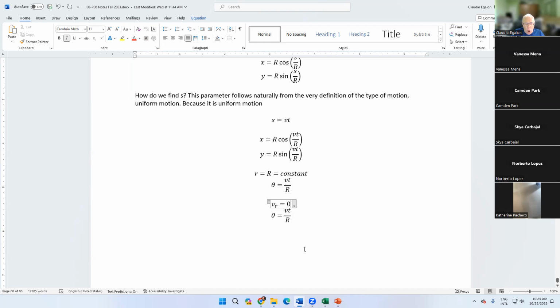What is not so obvious is the theta component of the velocity. The theta component of the velocity is going to be V over R. That's not obvious, okay? But just remember that.